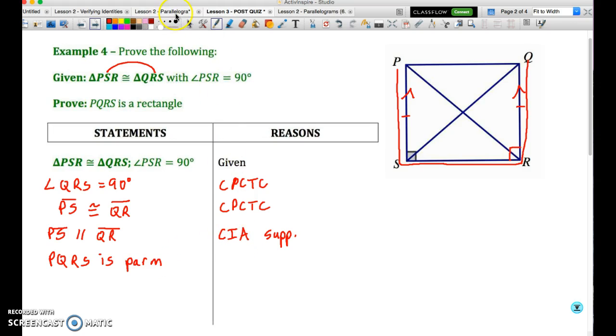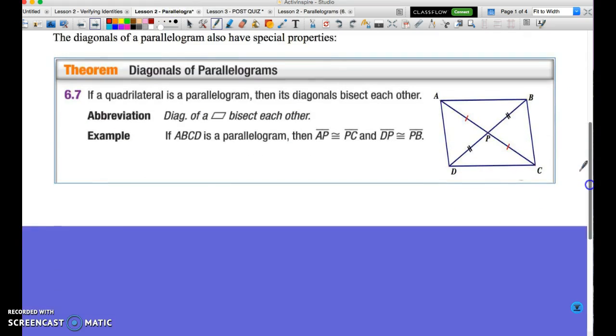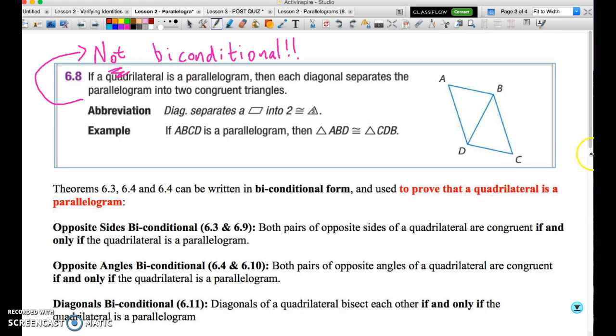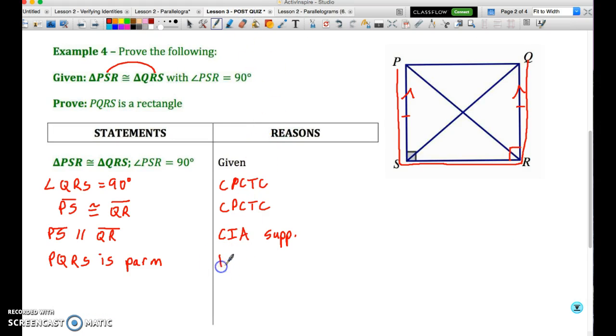And that is, if you recall from the previous lesson, one of the ways that you can prove a quadrilateral is a parallelogram: by proving one pair of opposite sides both congruent and parallel. And so that is because we have one pair of opposite sides parallel and congruent.